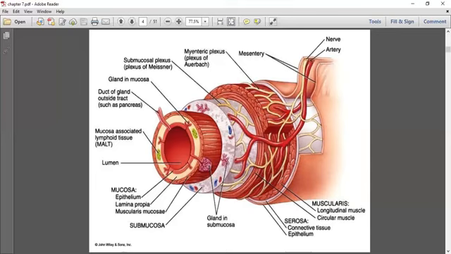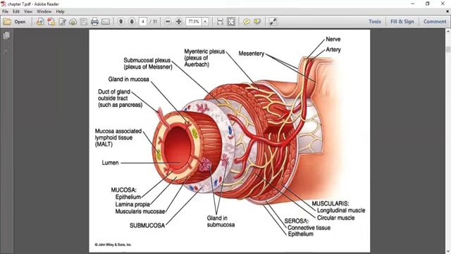The third basic tissue layer here, the muscularis, is composed mainly of 2 layers, inner and outer. Mostly the inner layer of muscular tissue is arranged circular, the outer layer arranged longitudinal, and the external sheath or tissue layer here is serosa.